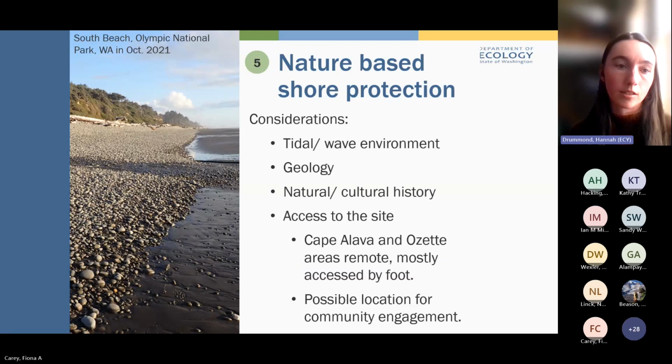In some cases, we enhance those beach processes in order to use nature to our advantage rather than work against it. So there are a lot of considerations when we think about these kinds of erosion control ideas, including tidal and wave environment, and geology. The big one here is access to the site. So our team actually had a lot of fun thinking about what it might look like to have volunteers come out and have a community-based effort where we build some kind of structure by hand. Next slide, please.